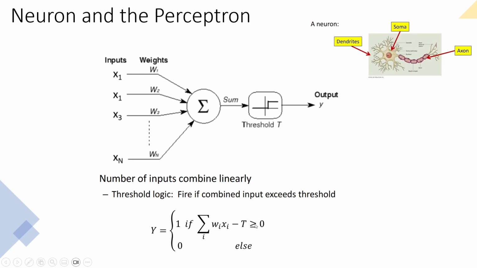And then if that's equal to 0 or bigger than 0, your axon fires a 1, otherwise it fires a 0. This is the simplest neuron you can get, okay? We will be seeing some different neurons, but this is like the most simple neuron you can get. And everything started with this neuron, okay?